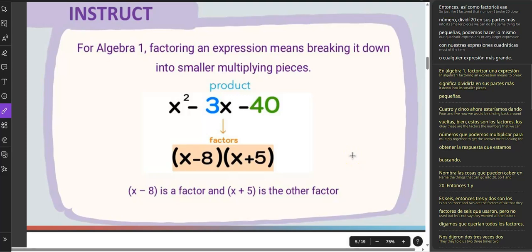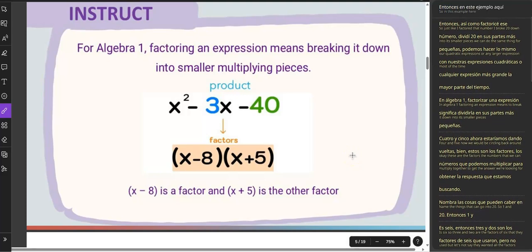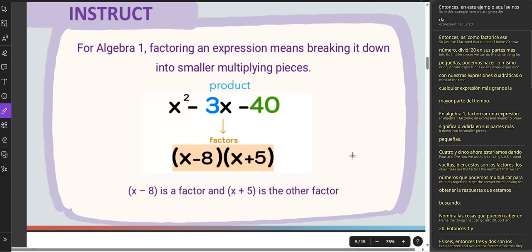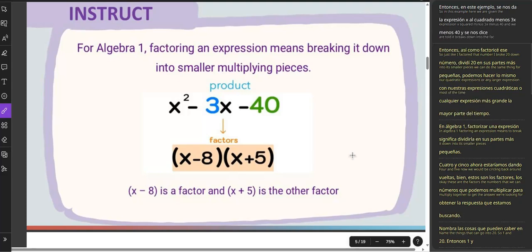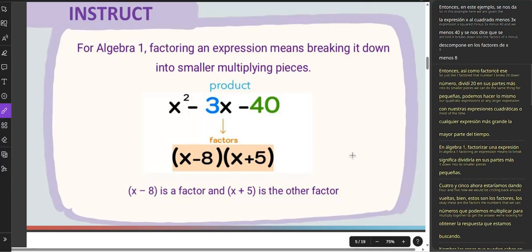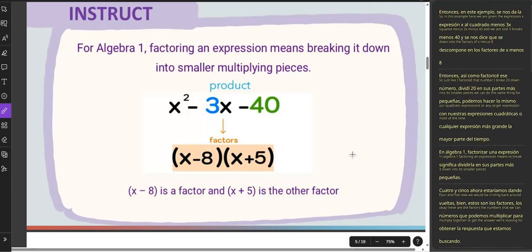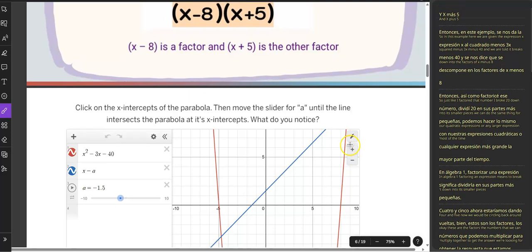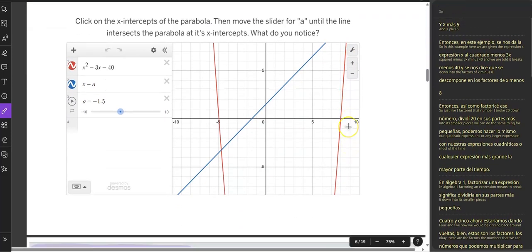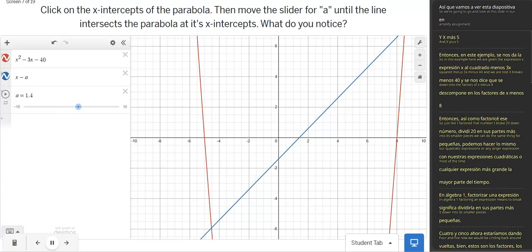So in this example here, we are given the expression x squared minus 3x minus 40, and we are told it breaks down into the factors of x minus 8 and x plus 5. So we're going to look at this slide in our Amplify assignment.